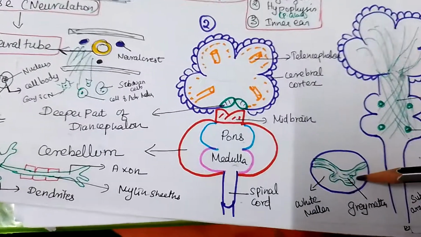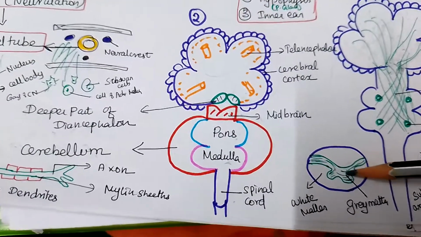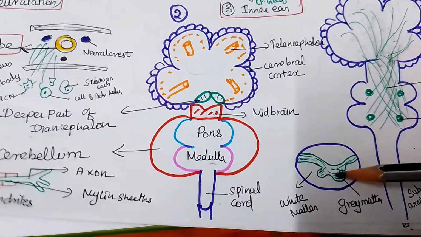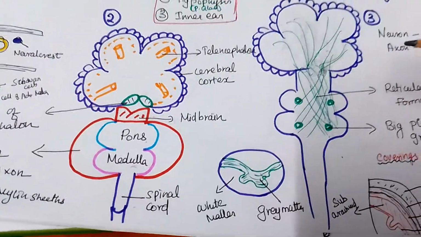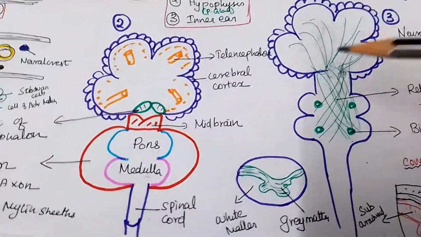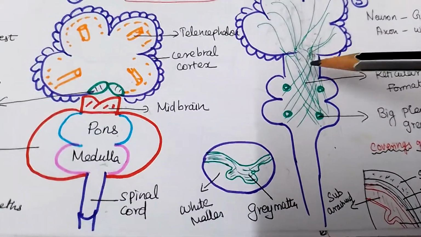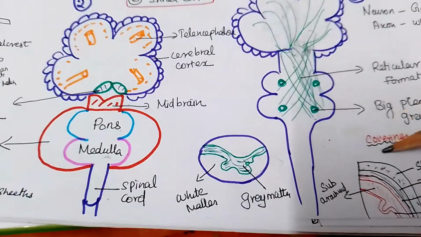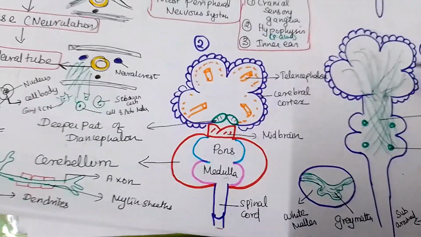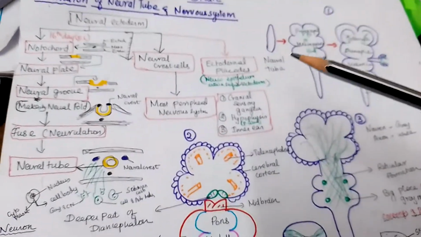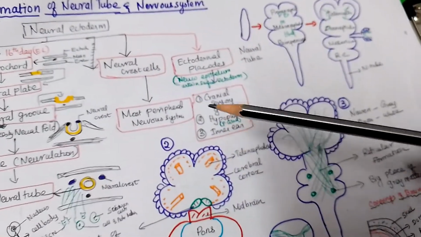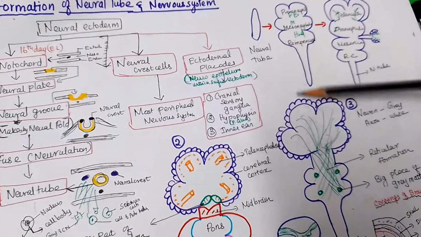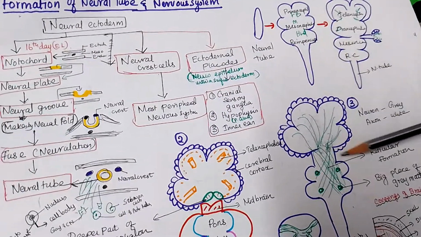And in the spinal cord, in the cut section, the middle portion is gray and the outer portion, oppositely, is white matter. Since the fibers cross over with each other, a network-like structure forms. This is called the reticular formation. Understand? So this is a small introduction about the development of the brain, the neural tube and the nervous system, and how the brain develops from the nervous system.